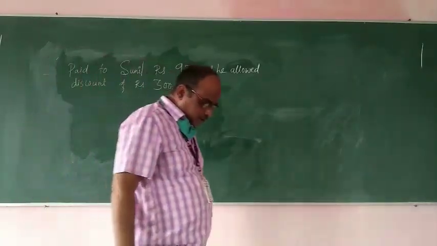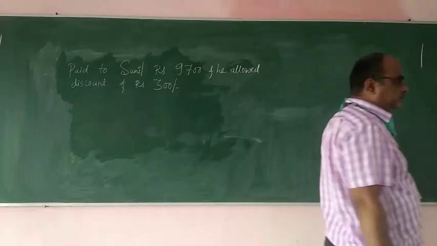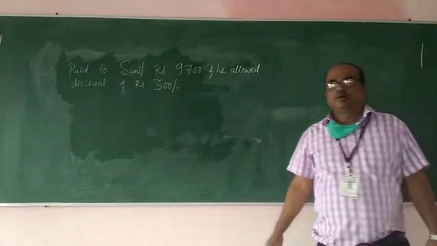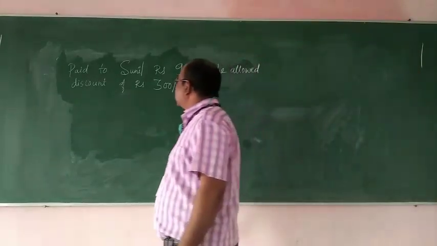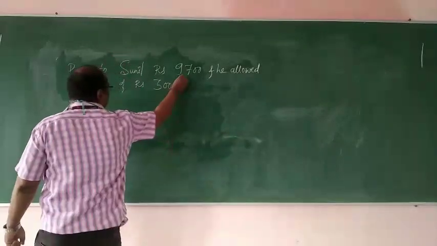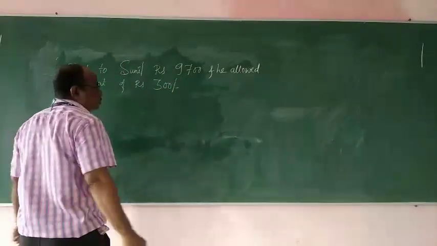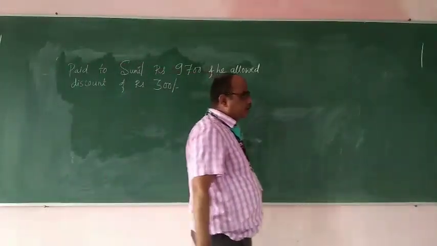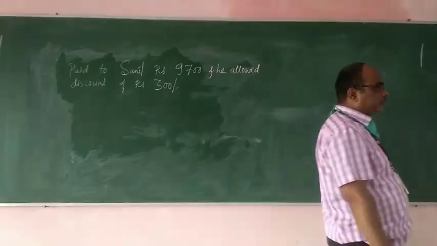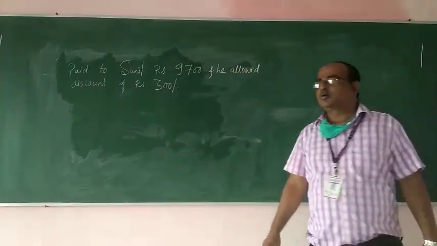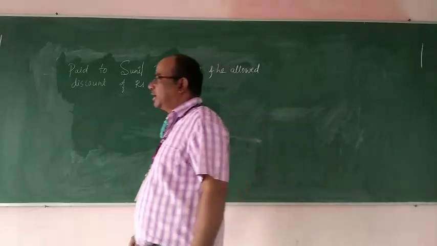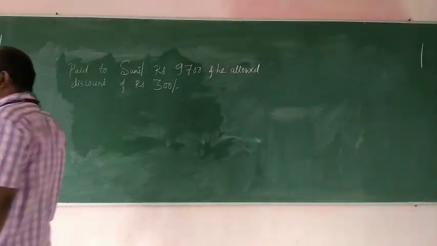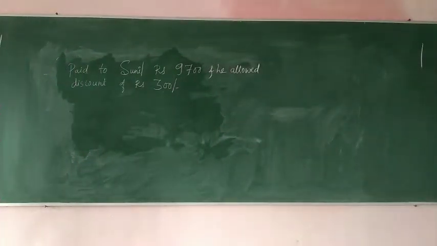So this is the transaction now. What we are doing here is we were supposed to pay how much? 10,000 to Sunil, because 9,700 plus 300 equal to how much? 10,000. But Sunil has allowed us discount of rupees 300. So we are going to pay Sunil 9,700 in the full settlement of our account of rupees 10,000.